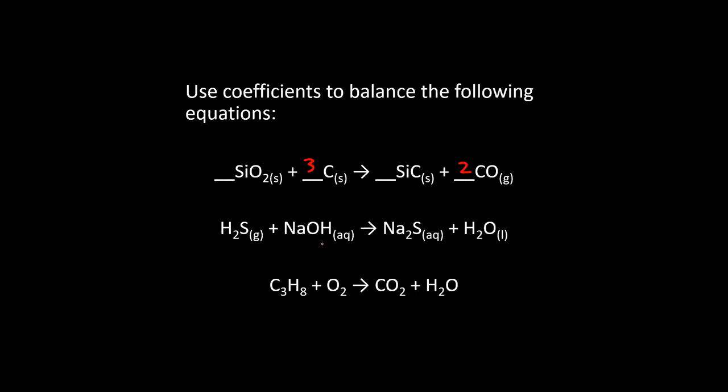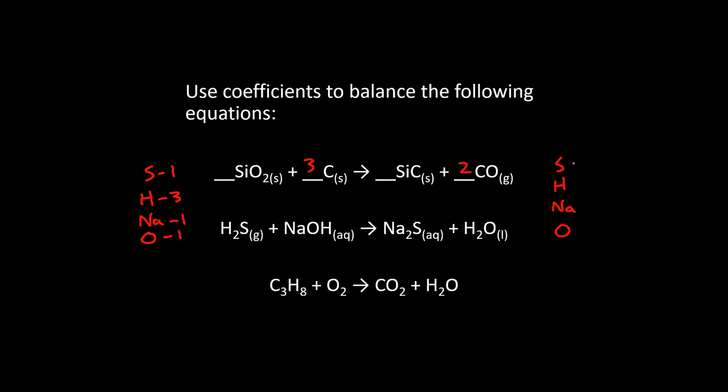So on the left side of this equation, I have sulfur, hydrogen, sodium, and oxygen. And I should have the same things on this side, and if I check, I do have sulfur, hydrogen, sodium, and oxygen. And on the left side, I have 1 sulfur, 3 hydrogens, 1 sodium, and 1 oxygen.